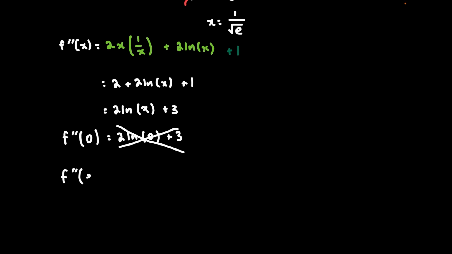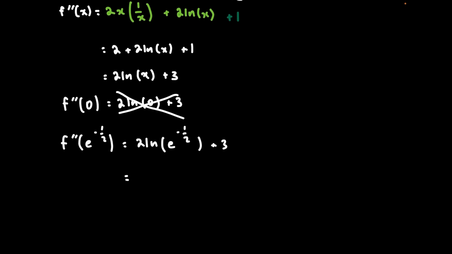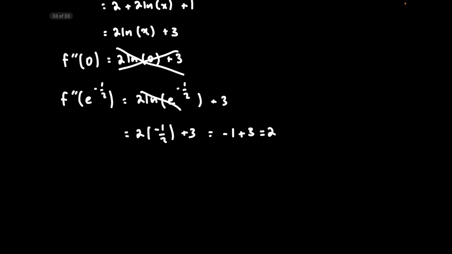So if we're trying to work out the double prime of this, it is the same as 2 ln of e to the power of negative a half plus 3. And we know that ln and e simply cancel out, so we're left with 2 times negative a half plus 3. That'll give us a value of negative 1 plus 3, which is equal to 2.